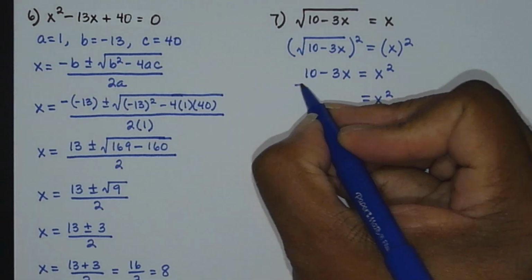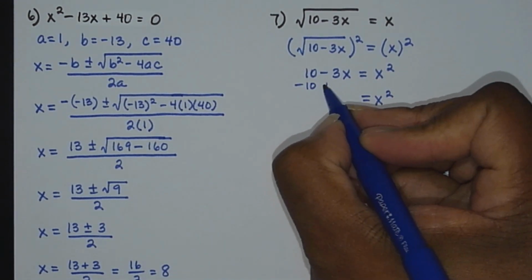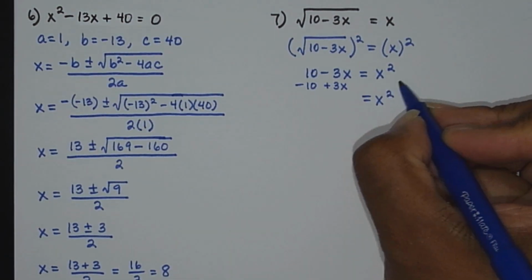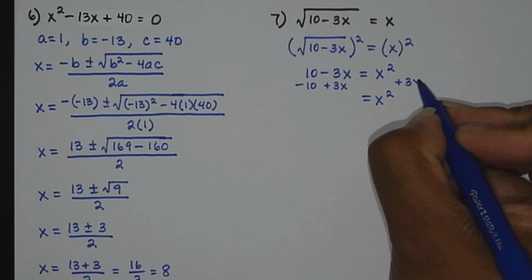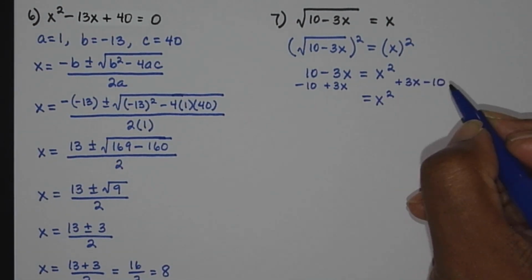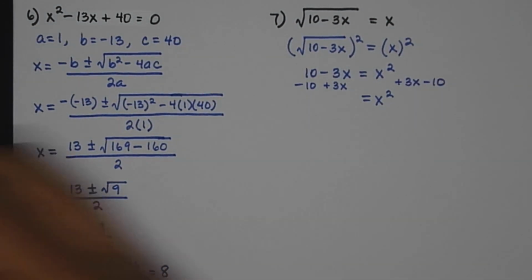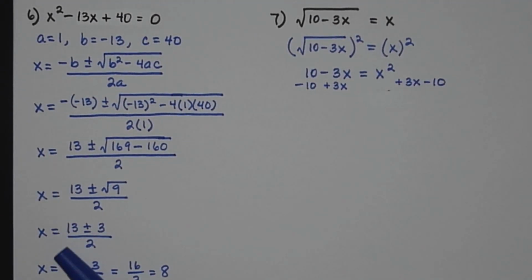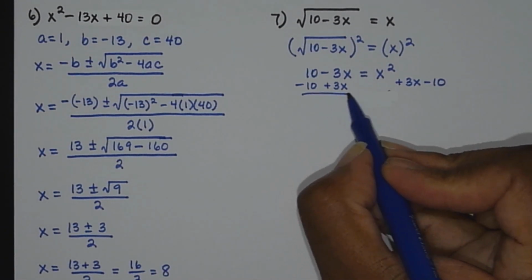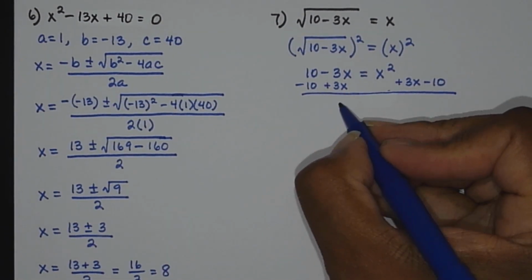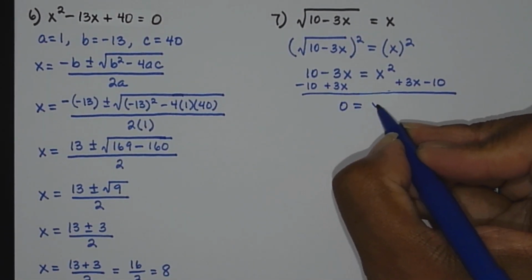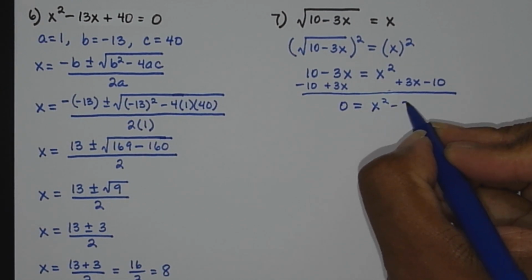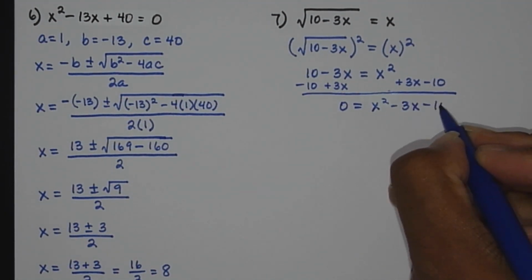I need to do minus 10 and add 3x. And when I do that, I'm going to get a 0 on this side, and then that's equal to, bring down the x squared, minus 3x minus 10.